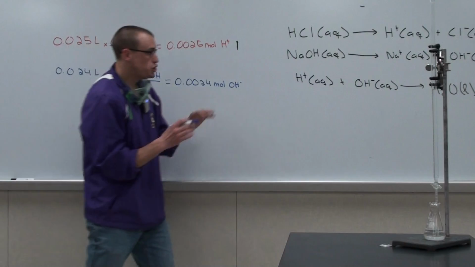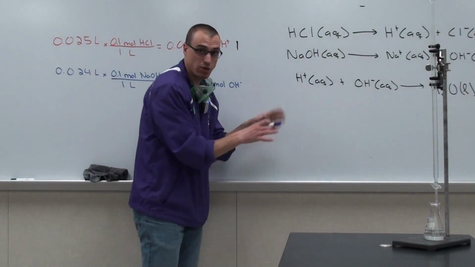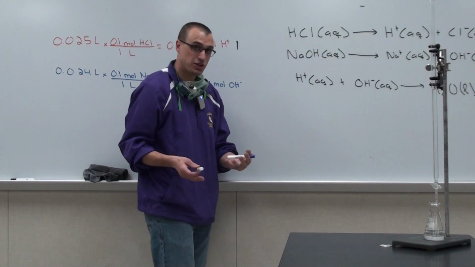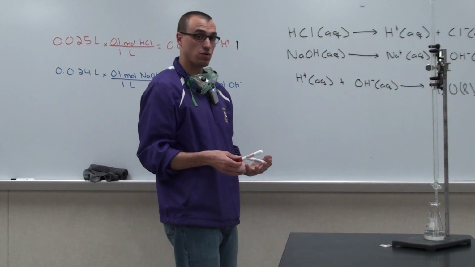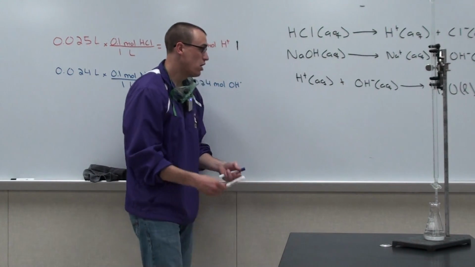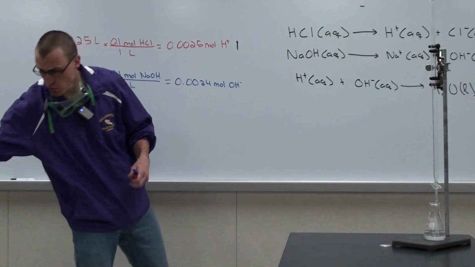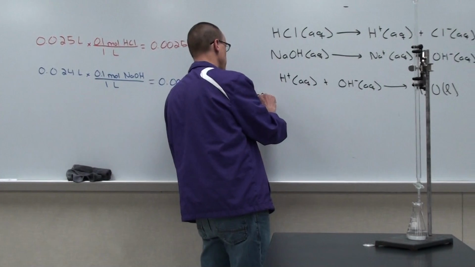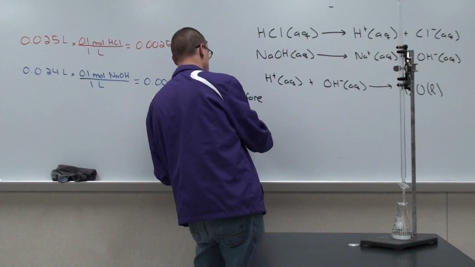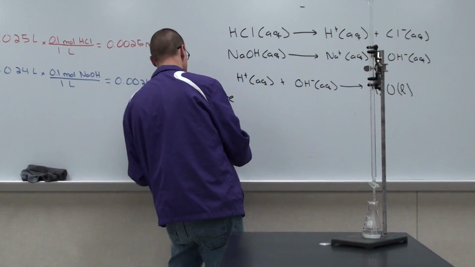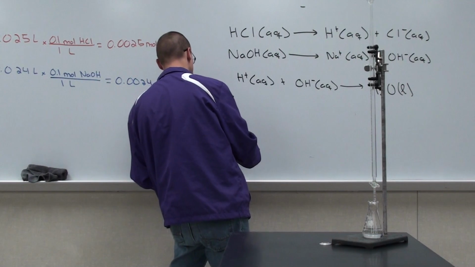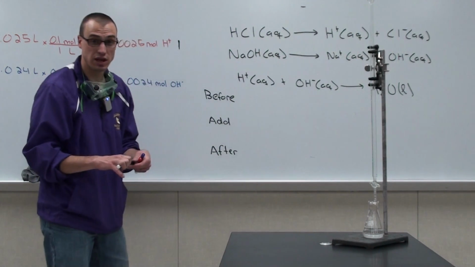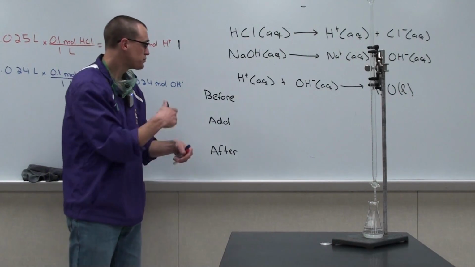So now we're going to shift back to our equation, and we're going to look at what happened before with the addition, and ultimately with that addition, what effect does that have on our pH? So we're going to go back to this. We're going to have a before category, we're going to have that addition, and then we're going to see what happens after all that addition has occurred.